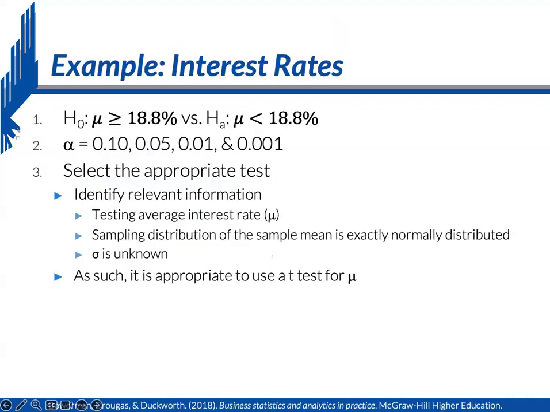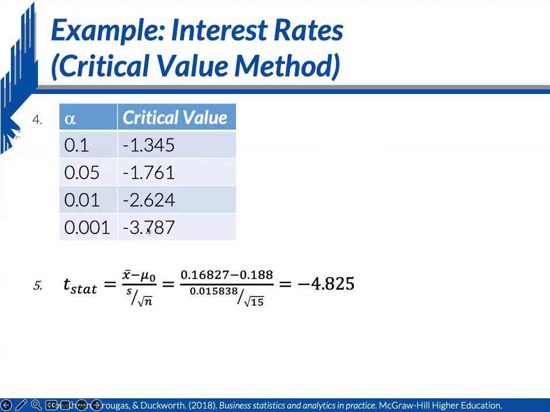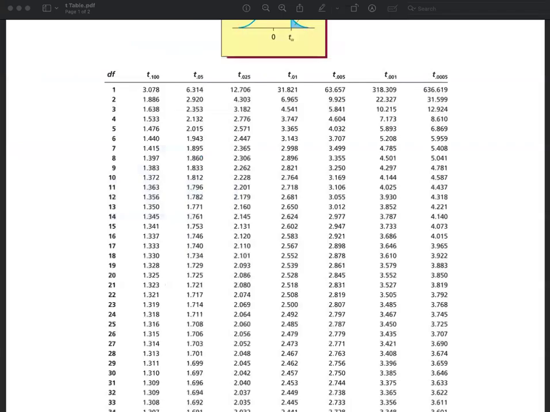So remember, the sample size here in this problem is 15, which means that the degrees of freedom is 14. So when looking for the critical value in the t-table, we look at degrees of freedom 14.